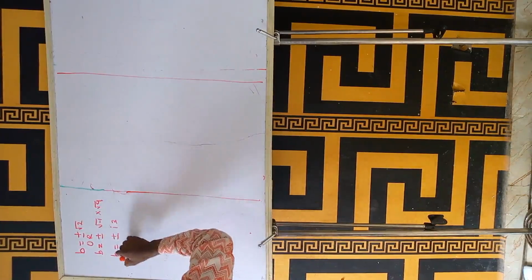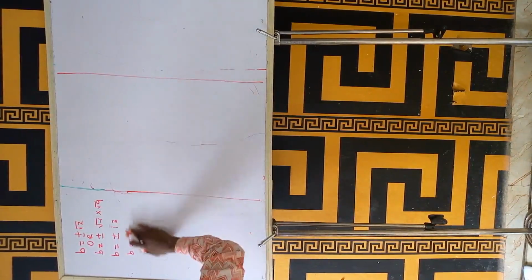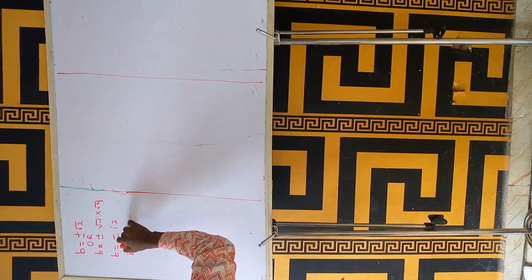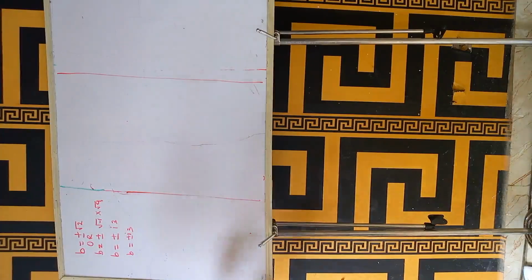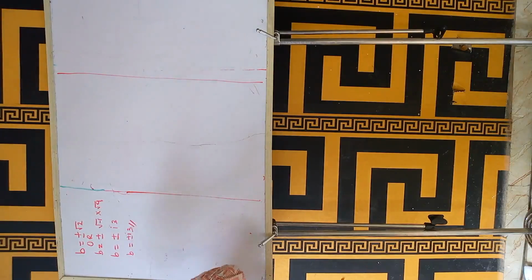So b equals plus or minus 3i. These are the values of b. Okay, but for me to now get my a, don't forget, my a equals 6 over b from equation star.